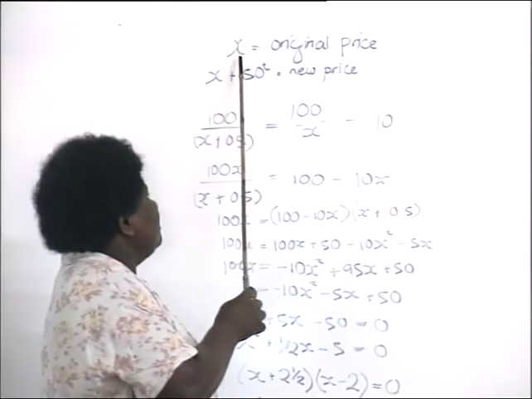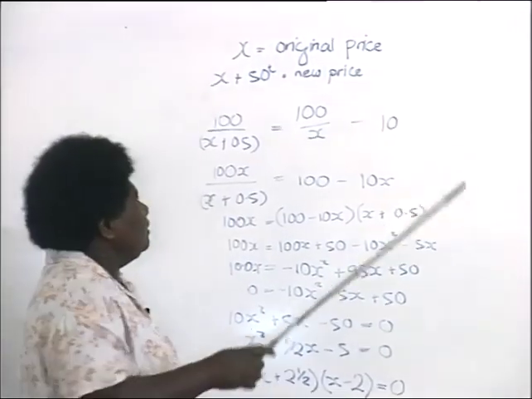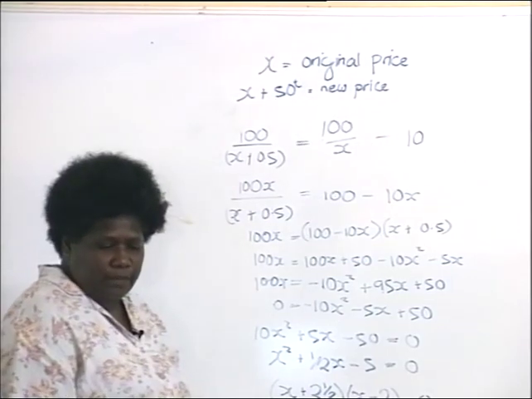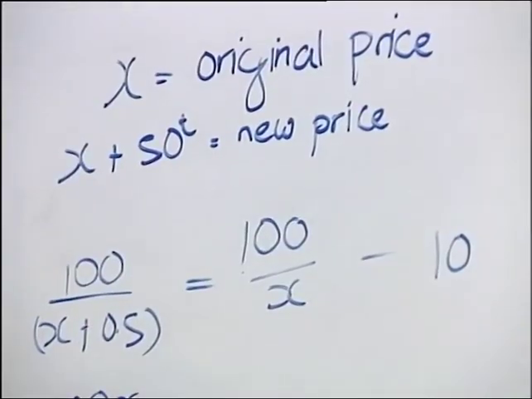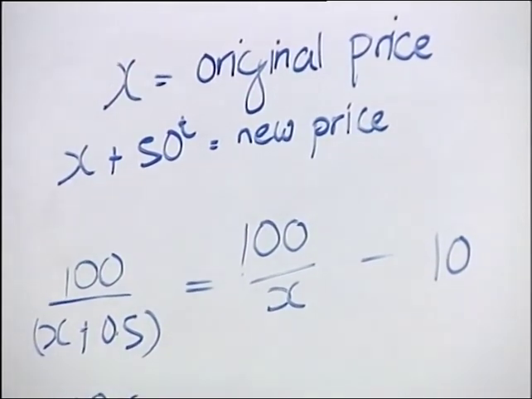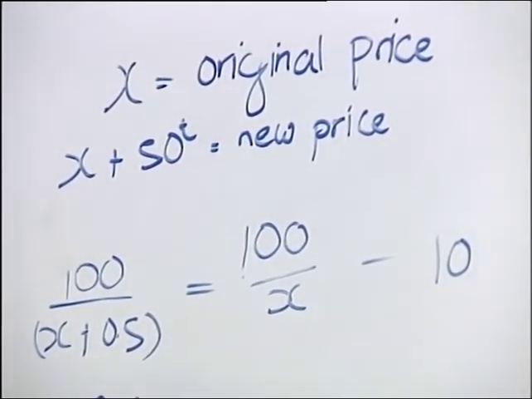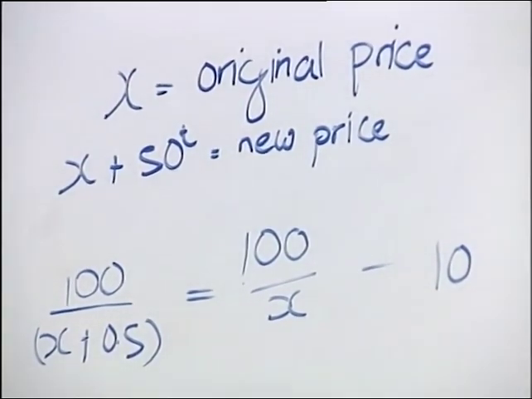Okay, Lester made x the original price. The increase is 50 toya, so the new price is x plus 50. If you used 100 kina to buy 20 tickets, the price of one will be 100 over 20. So it's also vice versa. You can divide the total price by the number of articles that you buy, and it will give you the price for one.